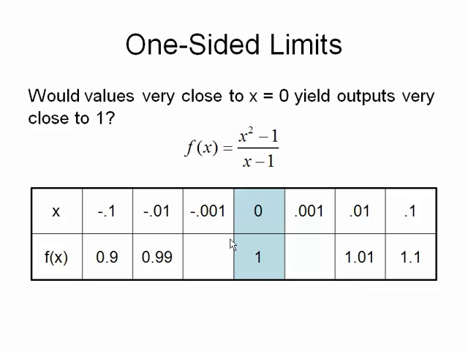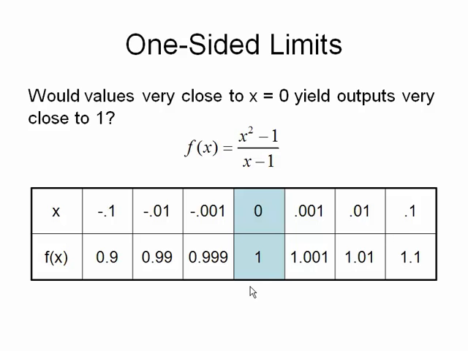In fact, as I get closer and closer to 0, so either negative 0.001 or positive 0.001, I see the values that I'm getting out of this function are getting closer and closer to 1. In this case, 0.999 and 1.001.